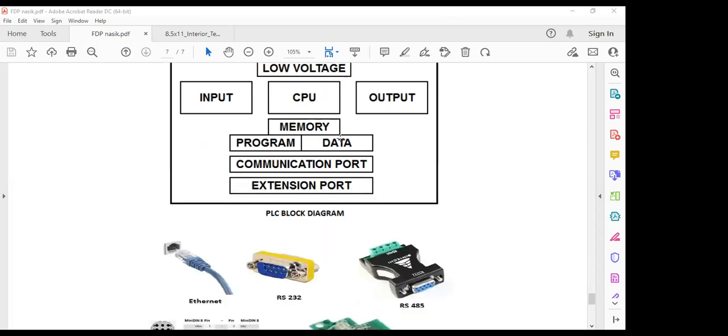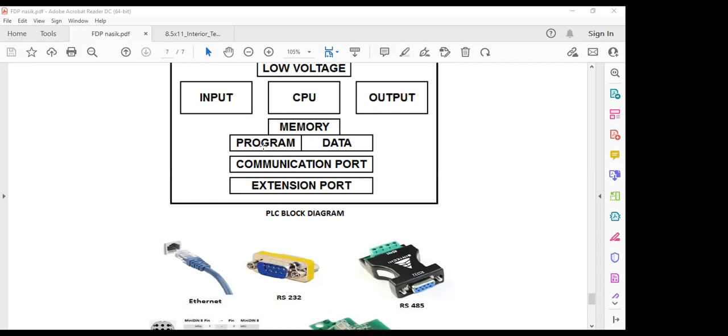Memory, we have two types: program memory and data memory. And obviously the memory is EEPROM, electrically erasable. So when you send a new program, the previous one will be erased itself. Program memory is the memory location where your program will be stored, correct? You make a program in software, you send it to the PLC.